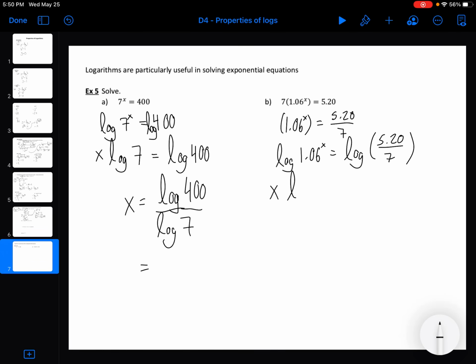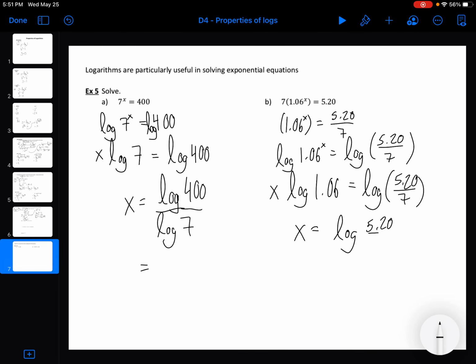Then we get x times the log of 1.06 equals the log of that, and then we would divide that log of 1.06 over. So x equals log of 5.2 divided by 7, all divided by the log of 1.06. Again, I'm not going to put the final answer there because it's going to be a big long decimal and not exact. So there you go.